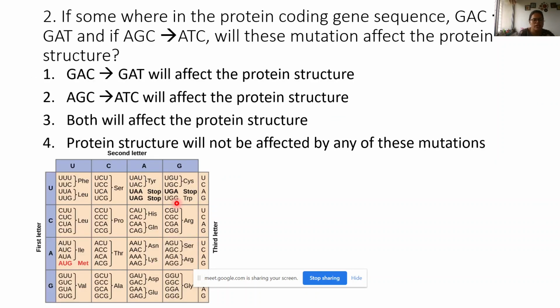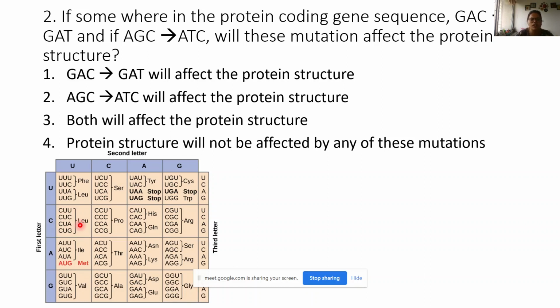CUG and CUA, you see both are coding for leucine. So the protein at the end is not changing.